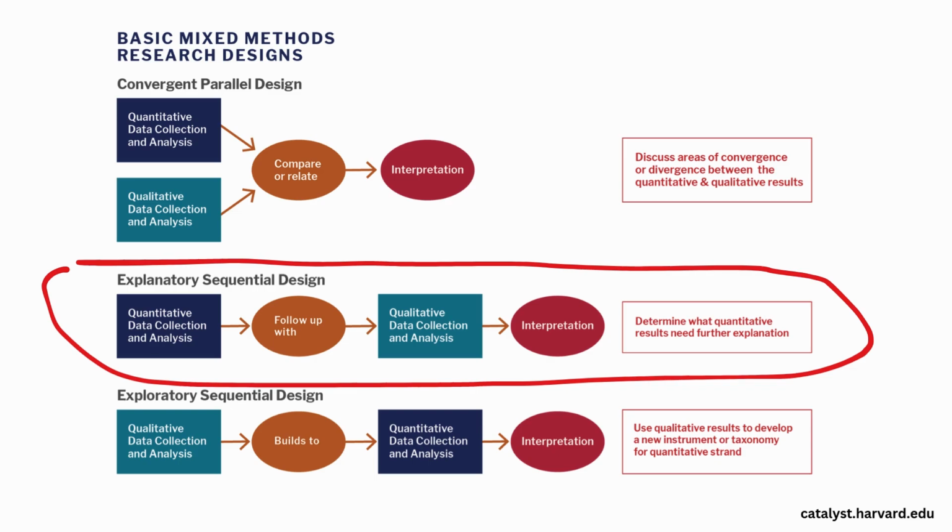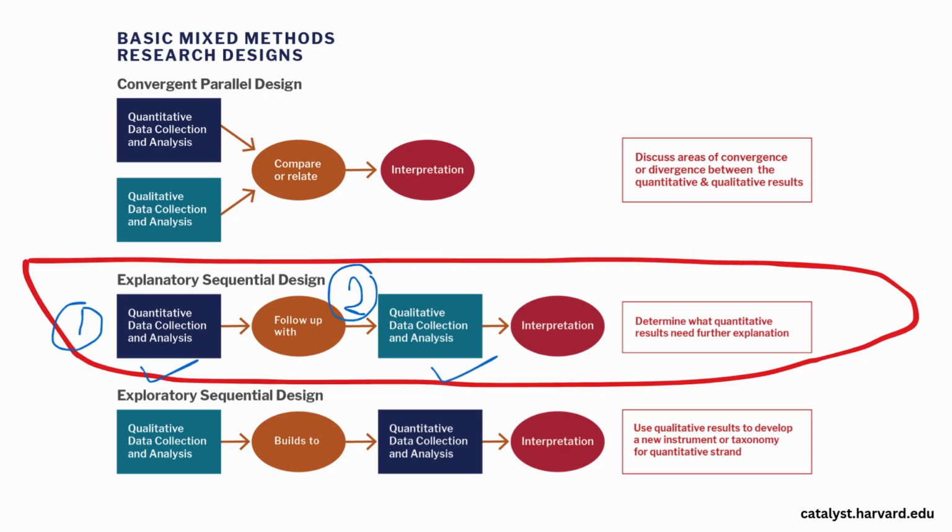The qualitative data, which can include interviews, focus groups, or open-ended survey responses, helps to explain or elaborate on the patterns you've discovered in the quantitative phase. So, the sequence is indeed quantitative first, followed by qualitative second. This approach allows you to create a richer, more comprehensive understanding of your research topic.